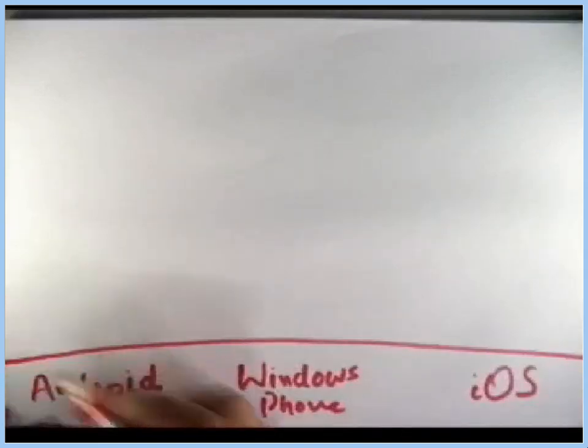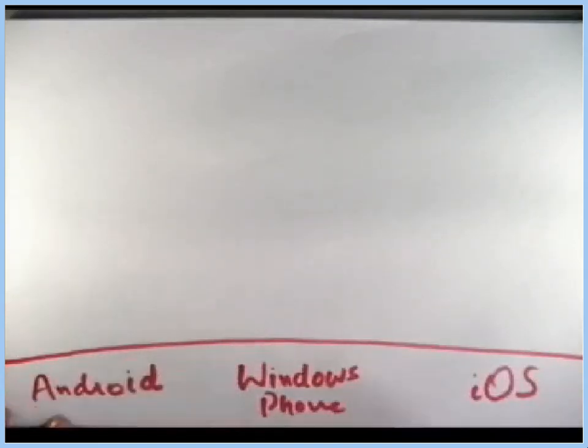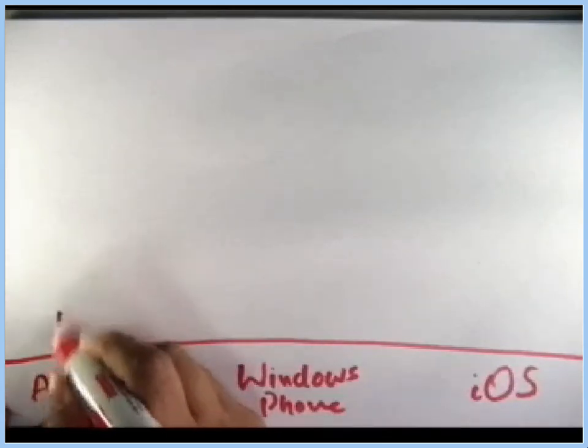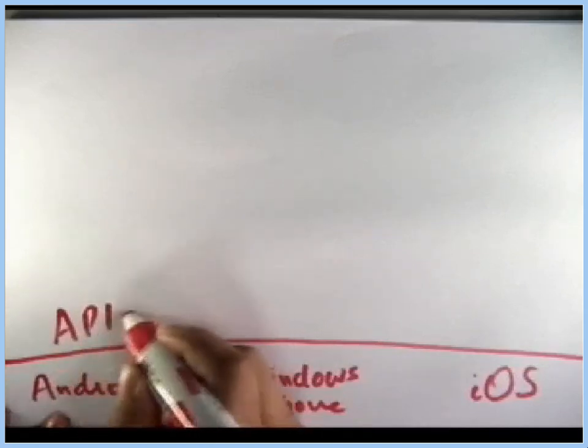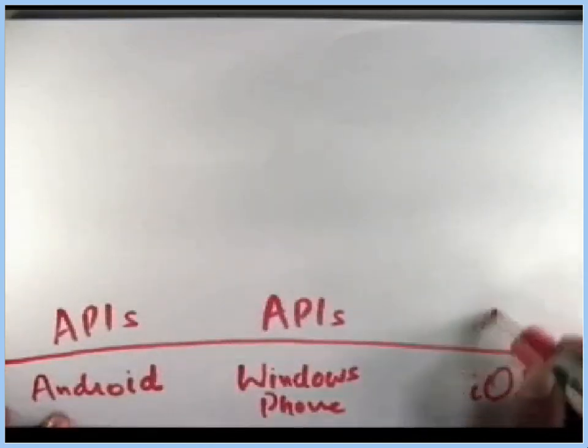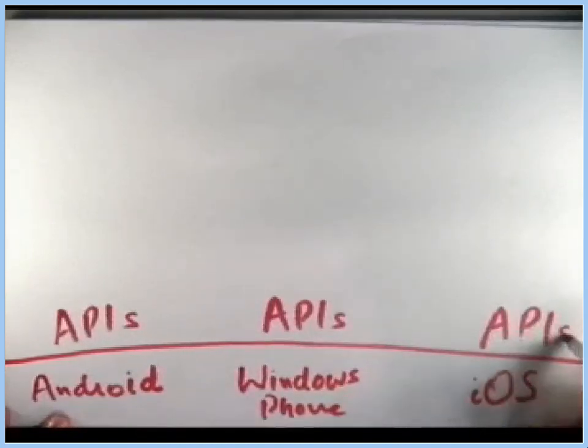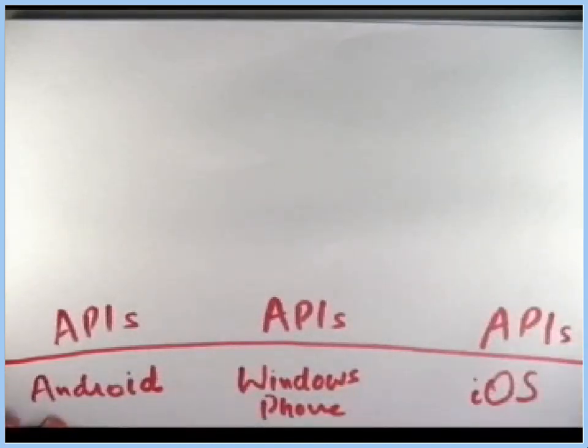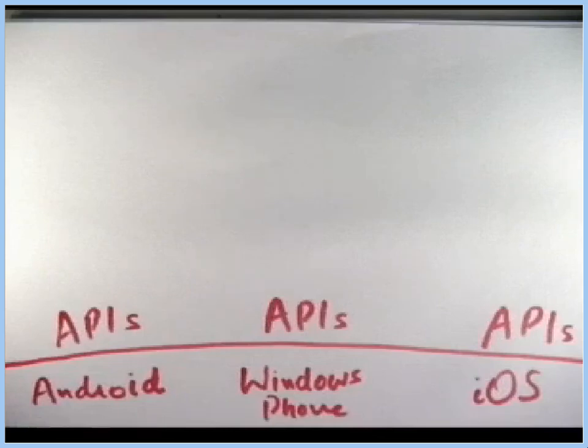Now, Android has some features, Windows Phone has some features, and iOS has some features. To access those features, Android provides some APIs, Windows Phone provides some APIs, and iOS provides some APIs. Right? Now, each of these APIs are different from each other. They don't have anything in common.